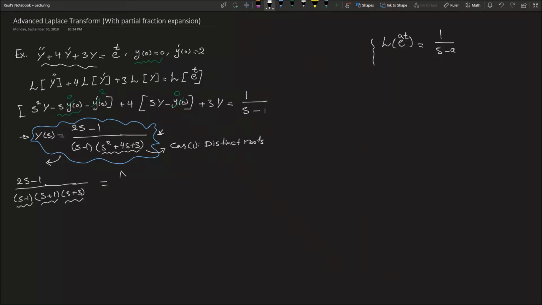So we can see here a divided over s minus 1, plus b divided over s plus 1, plus c over s plus 3.